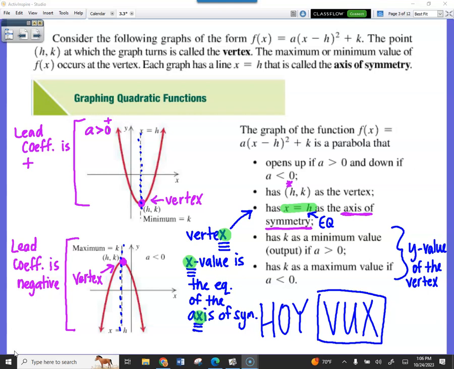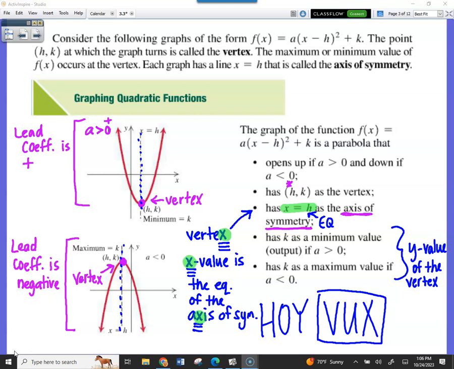Well, vertical means it's Vux. How do you write the equation of a vertical line? It's X equals a number. How do I know the number? Well, if it's passing through the vertex, it's going to be X equals whatever the X coordinate is of the vertex, which, because it's in vertex form, is always H.